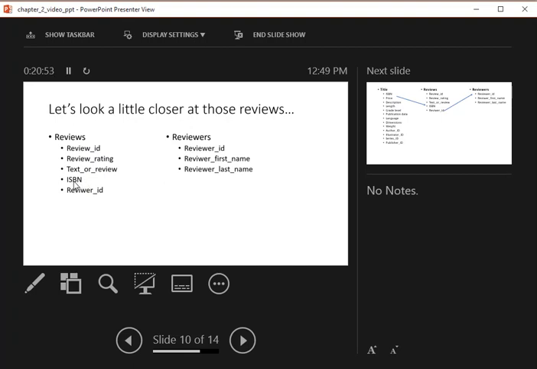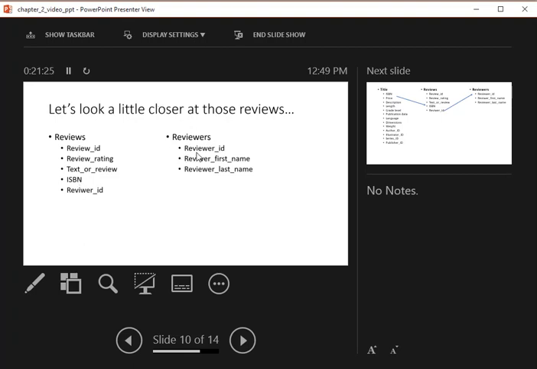This ISBN, which is a unique book number, will allow me to tie this review back to the book that's being reviewed. And then this reviewer ID field will allow me to tie to the reviewers table. We'll talk later about this in more depth, but these keys, where we're putting these in just to allow us to link to other things and establish our relationships, are going to be known as foreign keys to other tables.